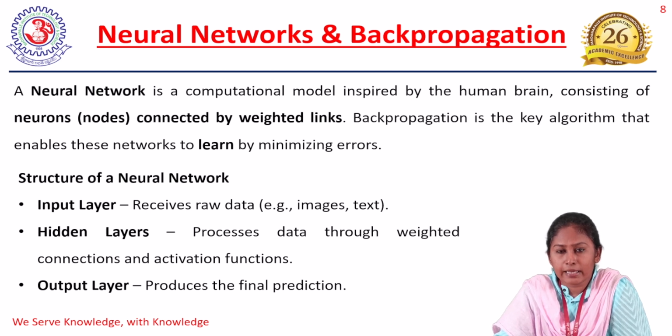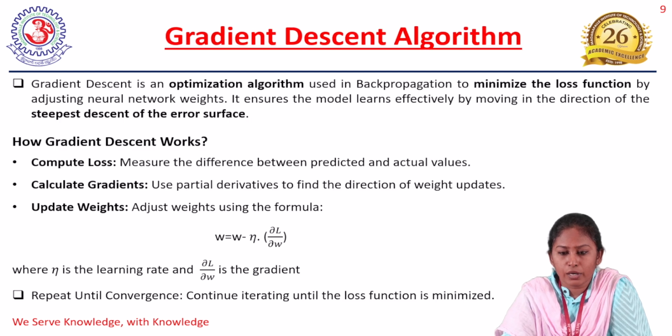Then the hidden layers, which may be one or more layers based on the model we are choosing, process it through the connections, and the processed information is passed from one node to another node through these hidden layers. And then the output layer is the layer which produces the final prediction. For example, if I am building a model for dog versus cat, whether it is a dog or cat, that is the final prediction, right? So that is what is done in the output layer. This is how the flow happens in any neural network.